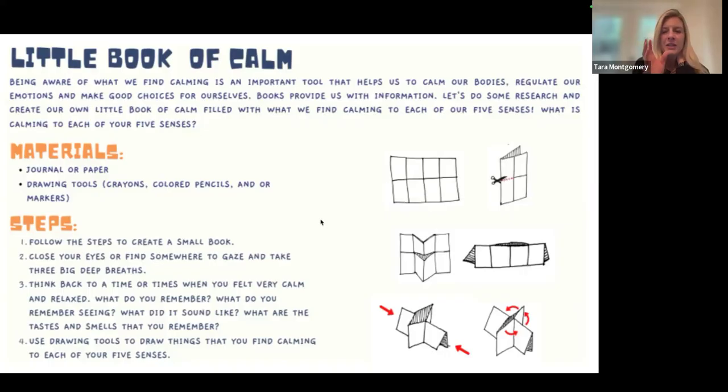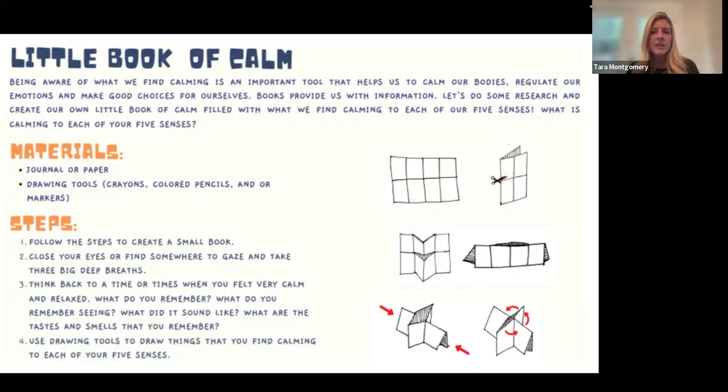So after that, I just started kind of doing it on paper. But this little book of calm, it brings awareness of what we find calming. And if we know what we find calming, then we can help regulate our emotions and make better choices when we can think of things that make us feel calm when maybe we're having a certain emotion.